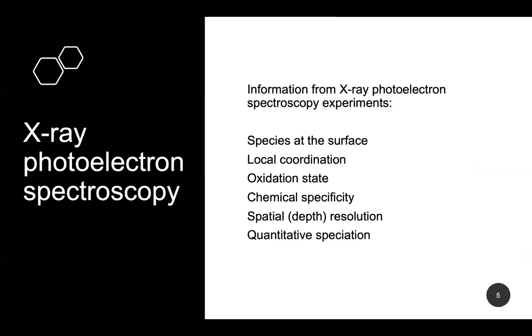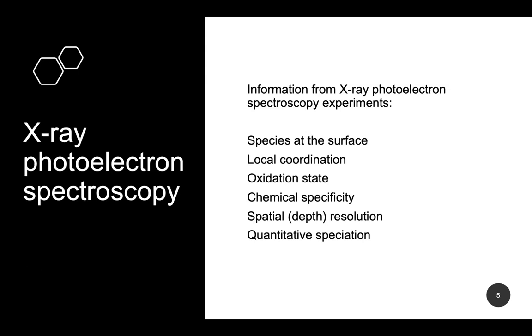Okay. So in terms of what information you can get out from XPS, it's pretty similar to the lists that we discussed for X-ray absorption spectroscopy, right? It's a surface sensitive technique. So if you're trying to probe an interface that you've just exposed so that you can study the surface, it's a good technique for that.